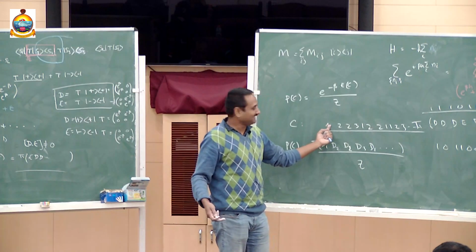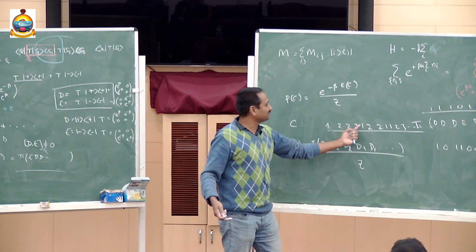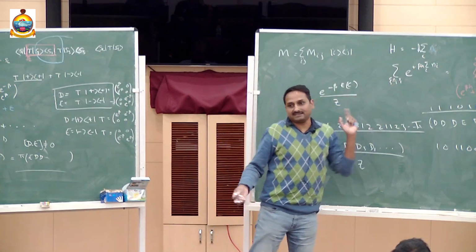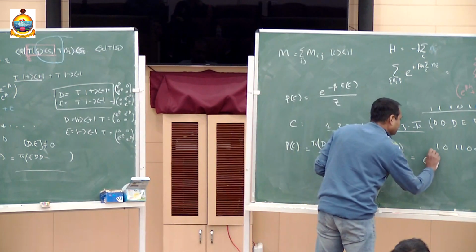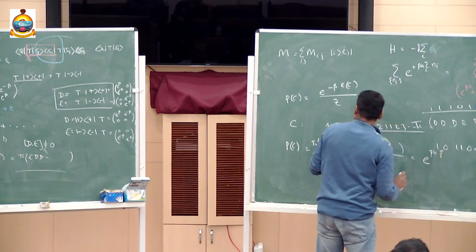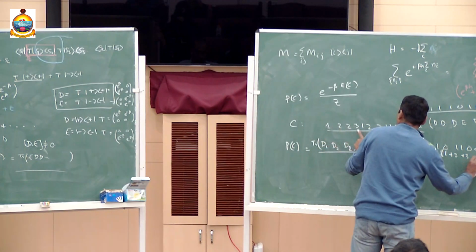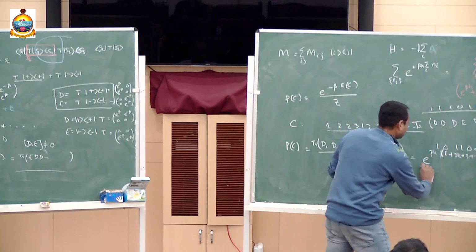Energy of this is 1, energy of this is 2, so 1 plus 2 plus 3 and so on, whatever you get, and then e to the power beta h. So basically the probability of this configuration is e to the power beta h times the summation over i of n_i, that is 1 plus 2 plus 3, 2 plus 2 plus 3, like that, divided by Z.